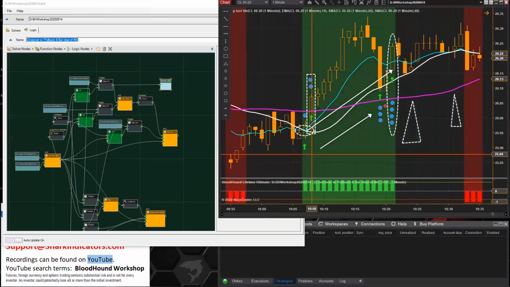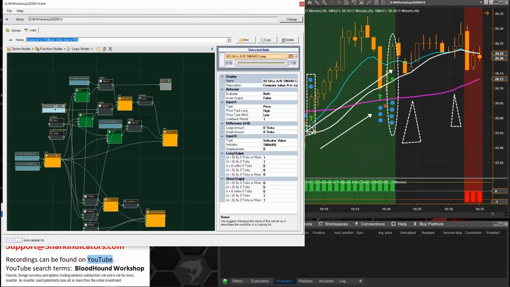Right. So that is how we're getting the toggle node to go, you're right, our toggle node is only on from the crossover until we get to the signal bar, and then it's turned off. So I think that'll work.